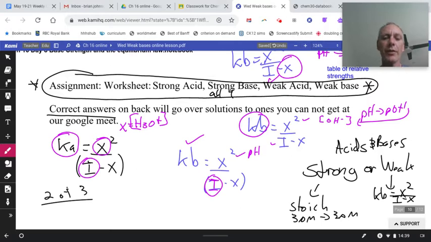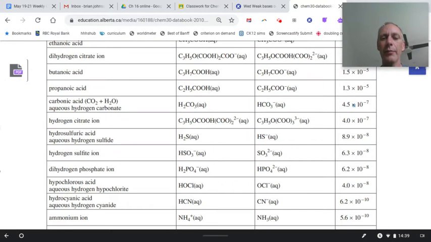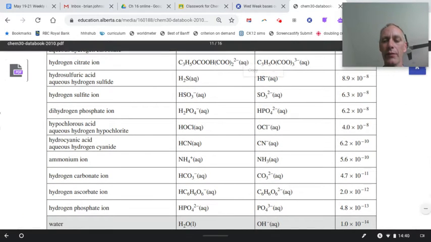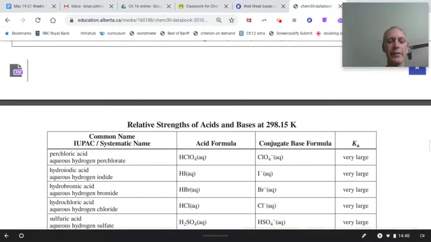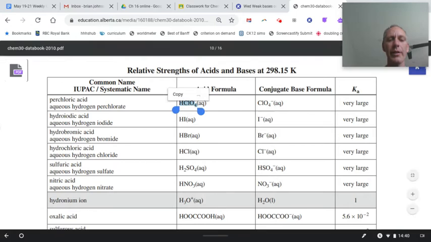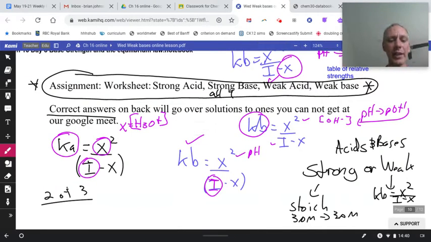So you have to look at it, and if you're not sure, you can go look on your data book and see if you can find it as a weak acid, a weak base, a strong base, or one of the big 6 strong acids up here. Other hints that you'll see are if you are given a Ka or a Kb value, that's telling you it's weak.